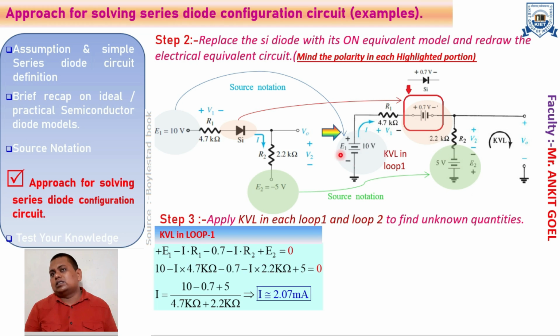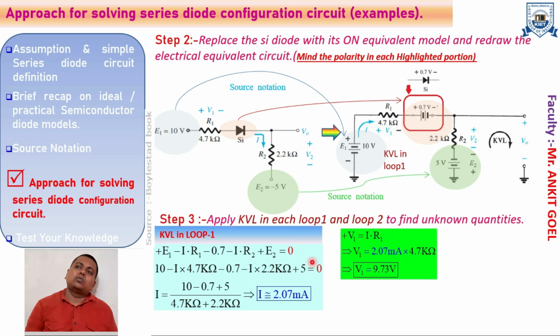If we replace the batteries by their values, 10 minus I into 4.7k minus 0.7 minus I into 2.2k plus 5 equals 0. After solving we get I equals 2.07 milliampere.